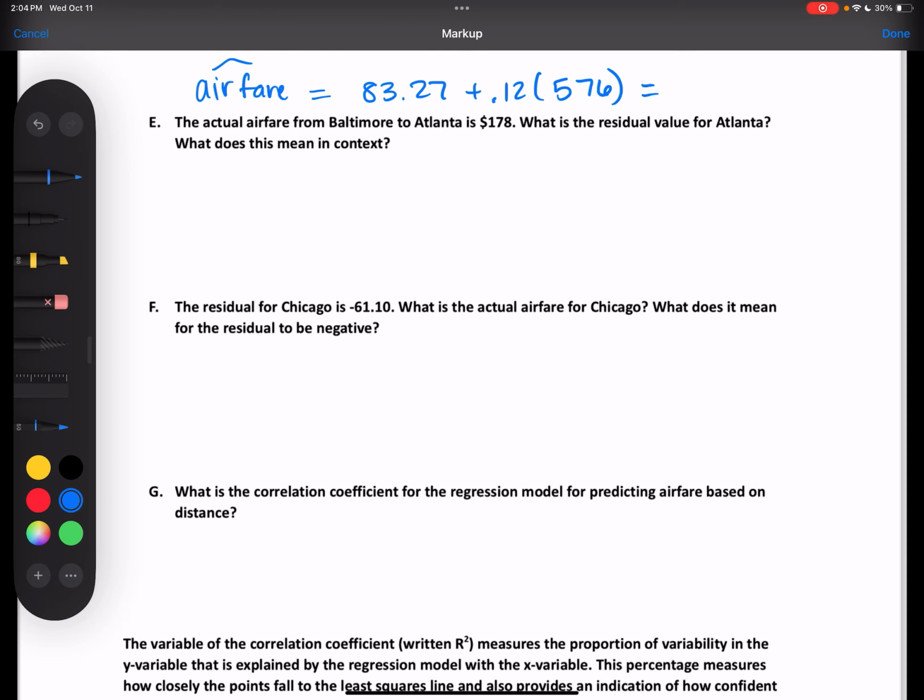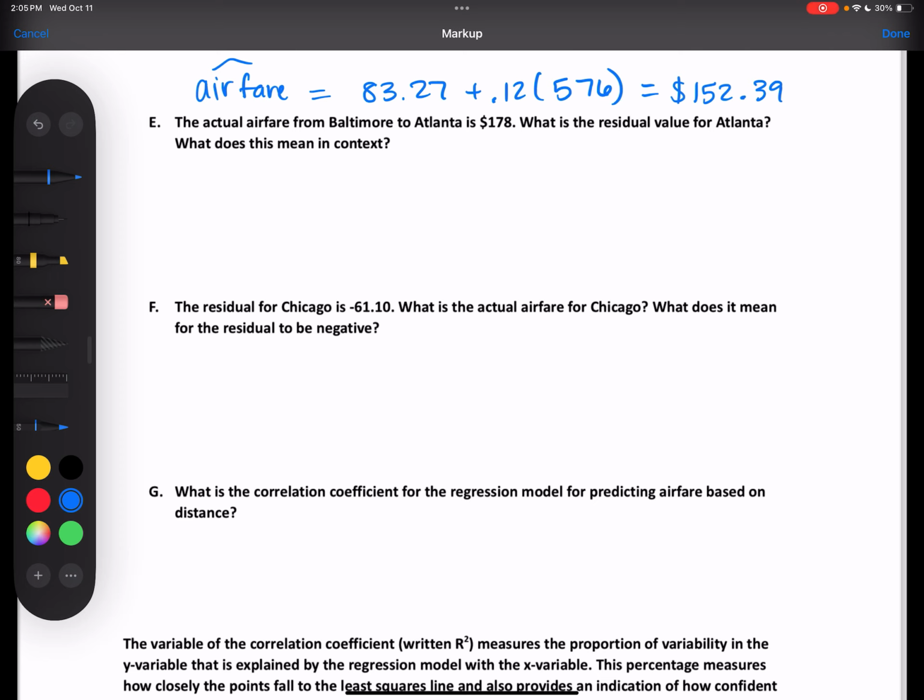So I need to know what the predicted cost would have been. $152.39. So now, what is the residual value for Atlanta?